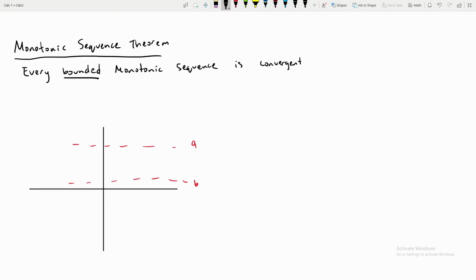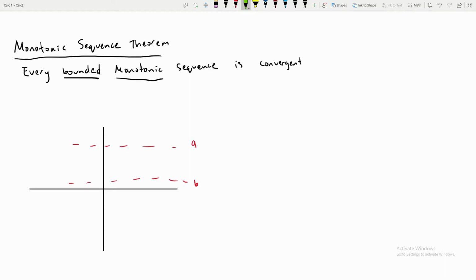And also because the sequence is monotonic, that would mean that it's either increasing or decreasing, and it cannot be both. It can't increase on some intervals and then decrease on other intervals. It has to be strictly increasing or strictly decreasing.